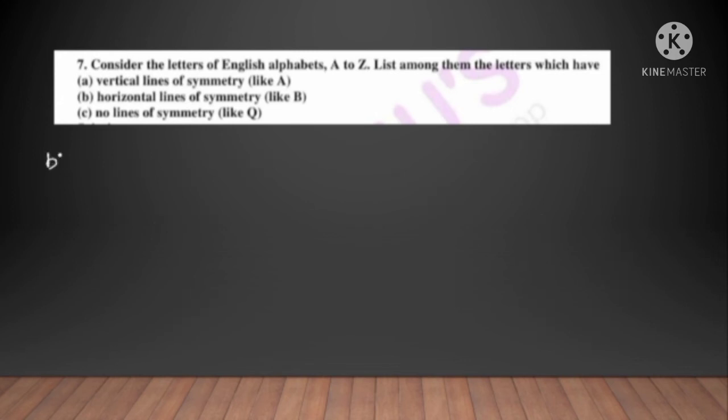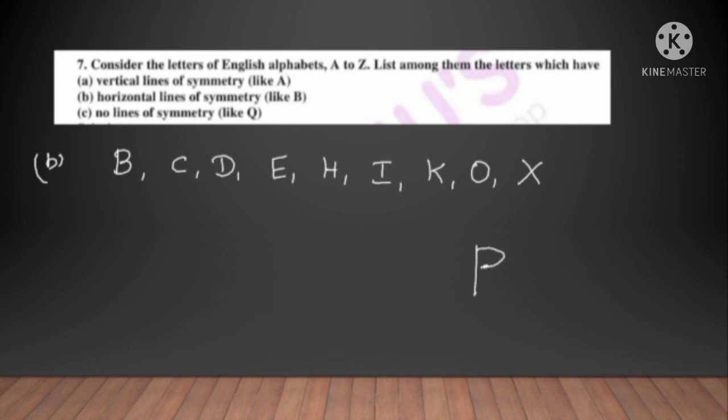Subdivision B, we have to write the alphabets which have a horizontal line of symmetry. For that the answers will be B, C, D, E, H, I, K, O, X. So all these alphabets have a vertical line of symmetry, sorry, horizontal line of symmetry.